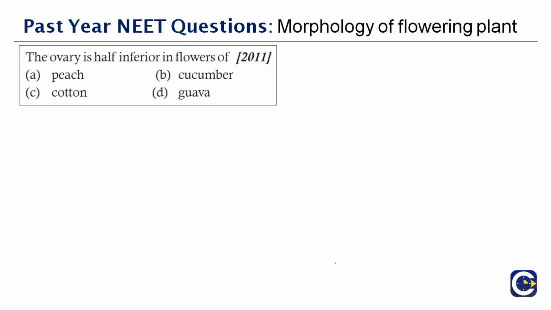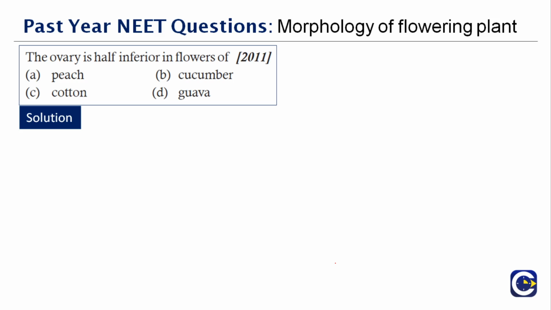The next question here. The ovary is half inferior in flowers of dash. So we have a concept like that. You have three kinds: it can either be fully superior, or fully inferior, or partly inferior and partly superior.